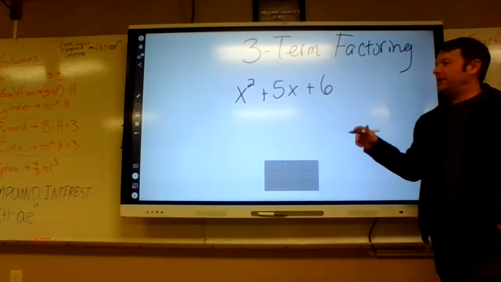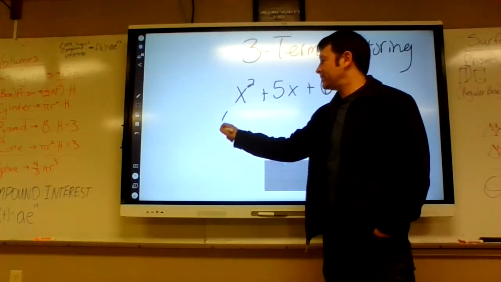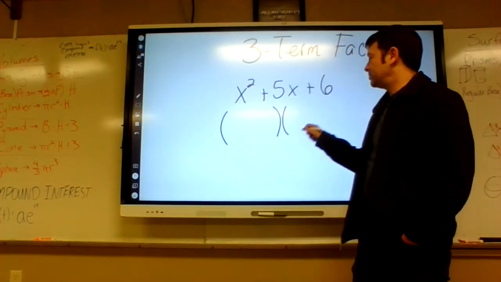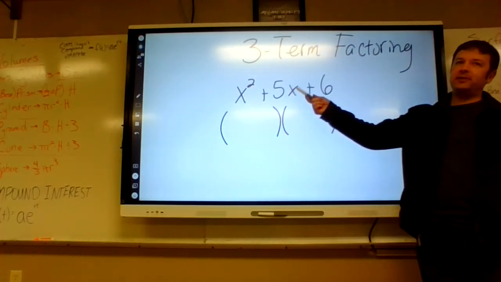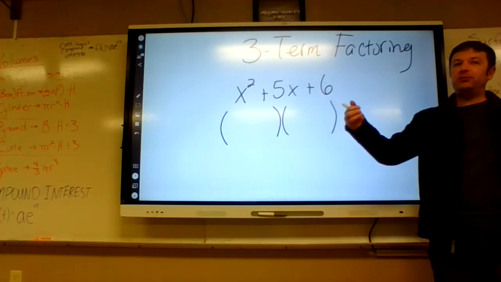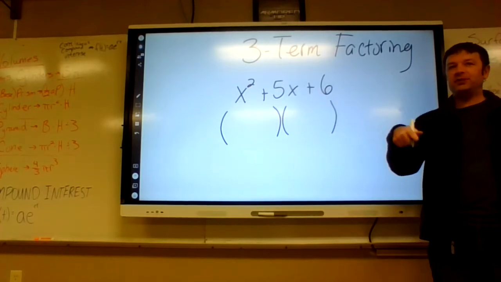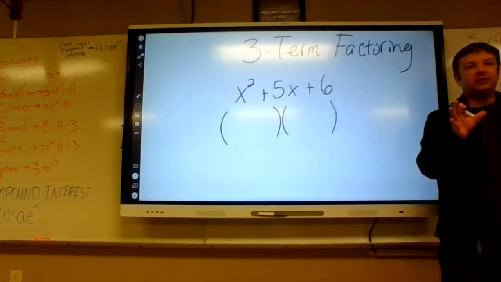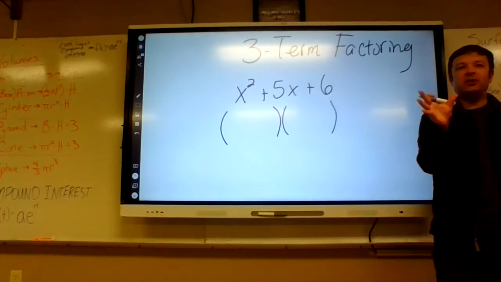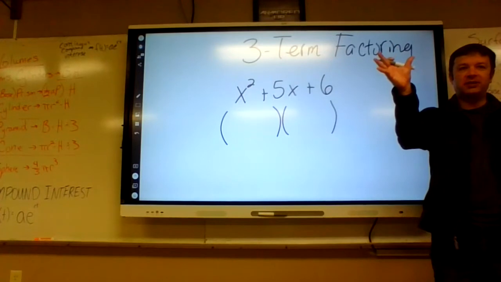Remember when we FOILed last chapter? Like two of these things together? Remember that our answers usually look something like that? Really, this is like reversing the FOIL method. Factoring means what times what equals this thing.